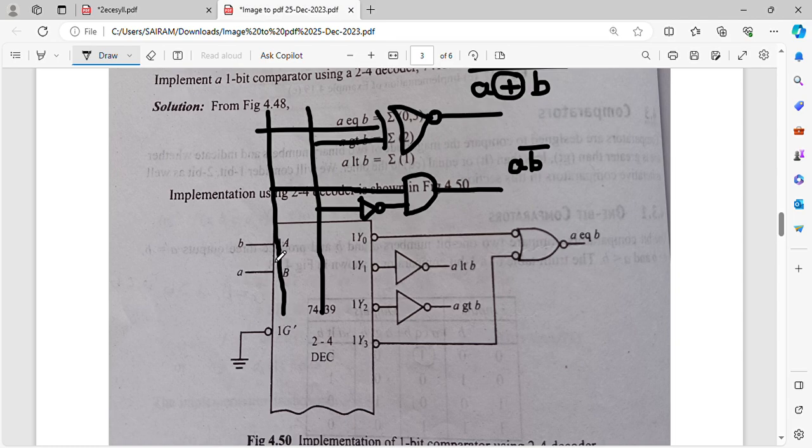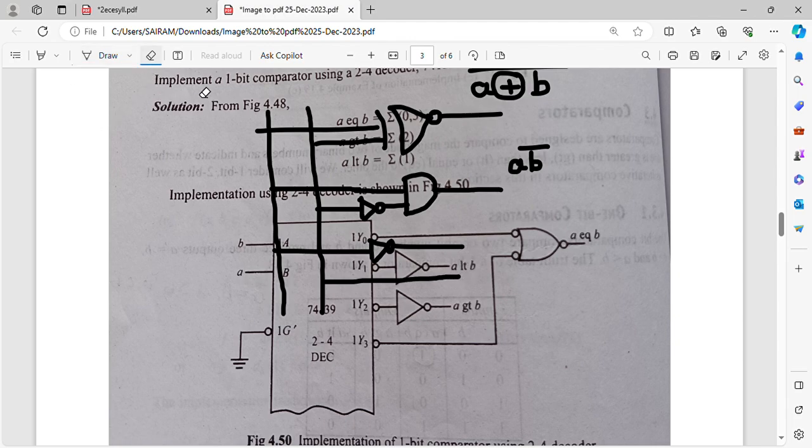And here it is A bar B. So this is your diagram, students. Please make sure that you follow this diagram without fail.